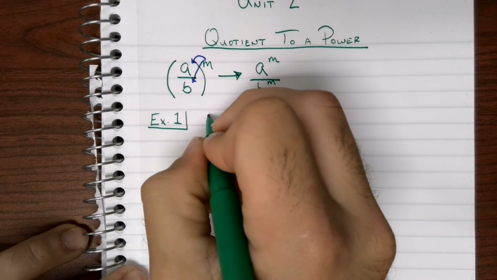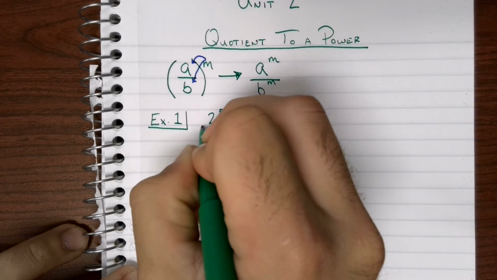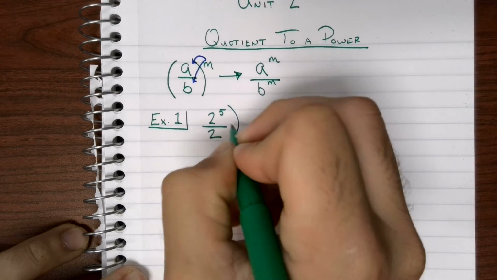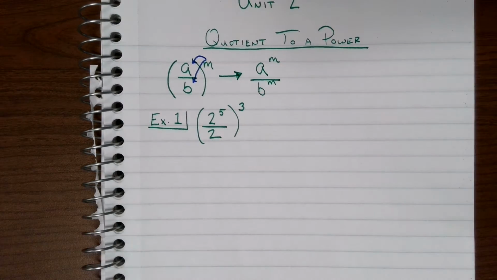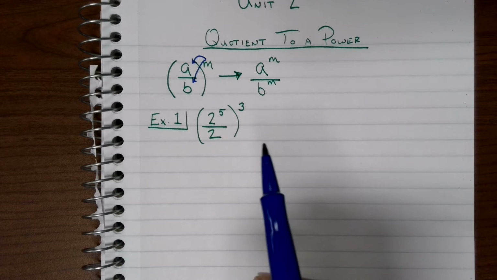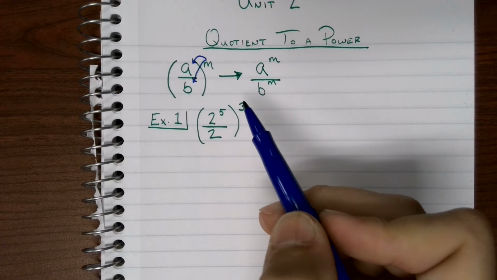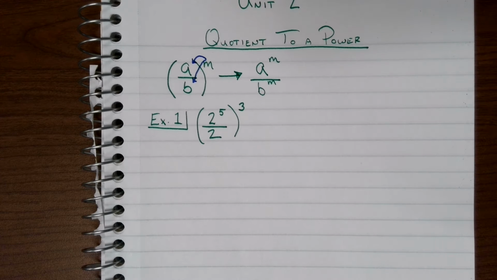Let's say I have 2 to the 5th over 2, and all that is raised to the 3rd power. So first thing, I will distribute my exponent first. Okay, that'll get rid of any type of concerns you would have with negative exponents.